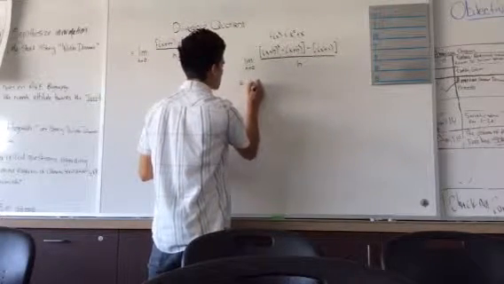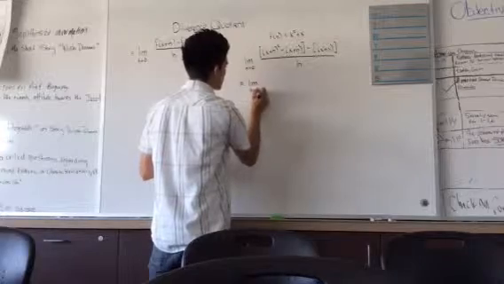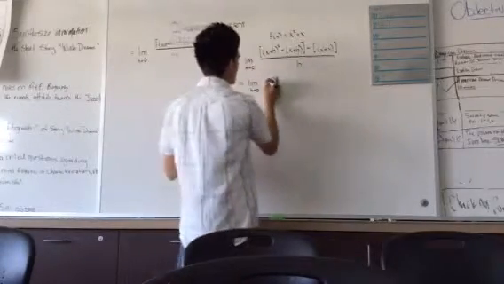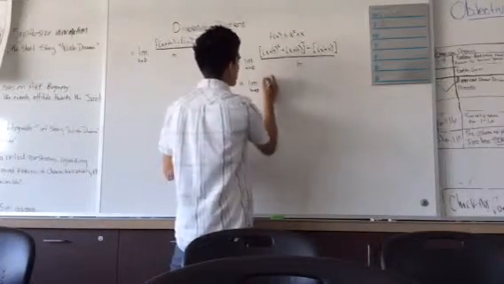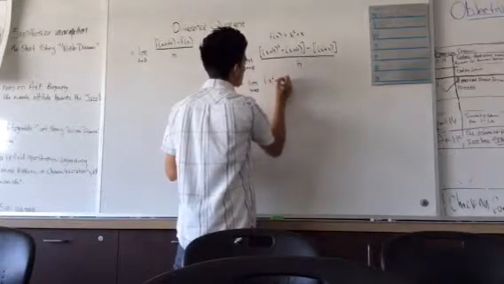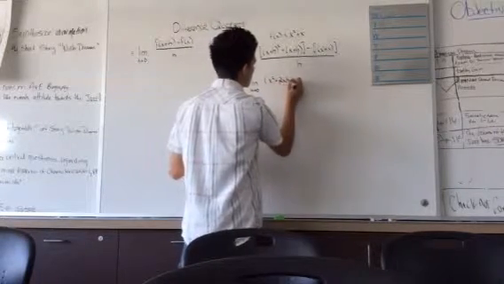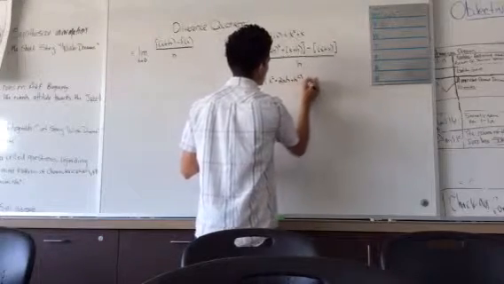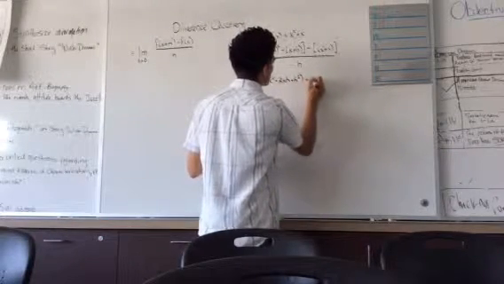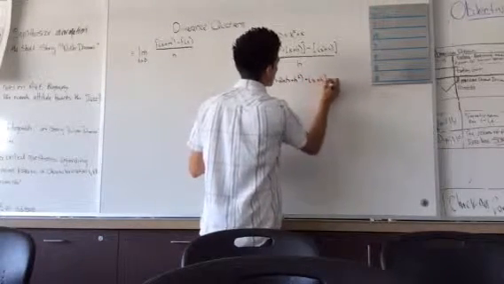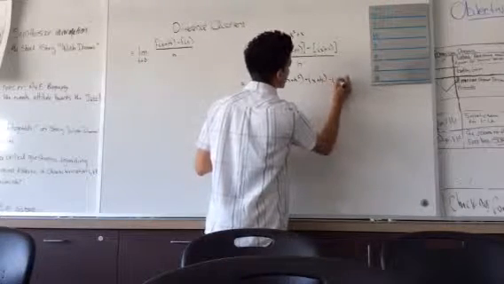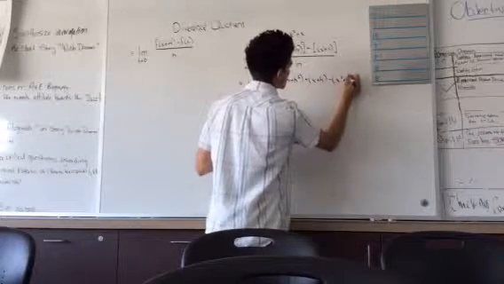So from here, it's basically all simplification. The limit as h approaches 0, well, we have to FOIL that, right? So x squared plus 2xh plus h squared plus x plus h minus the quantity of x squared plus x.